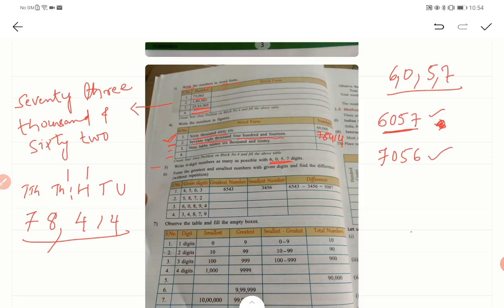All our digits are 6, 0, 5, 7 only. Other than these digits, they're not asking you to write. One, I'll write two more or three more. You can write 5067, or you can write 0657, and so on. You get so many combinations of numbers.